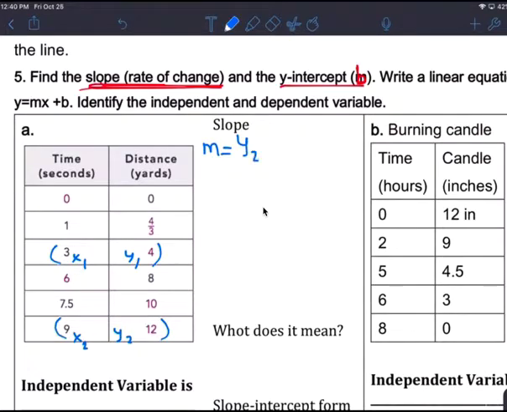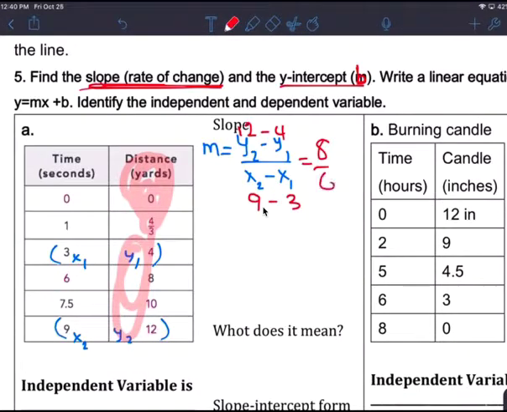Same thing: y sub 2 minus y sub 1 over x sub 2 minus x sub 1. These are my y's here, and y sub 2 is 12 minus 4, which gets you 8. X sub 2 is 9 minus 3, which gets you 6.